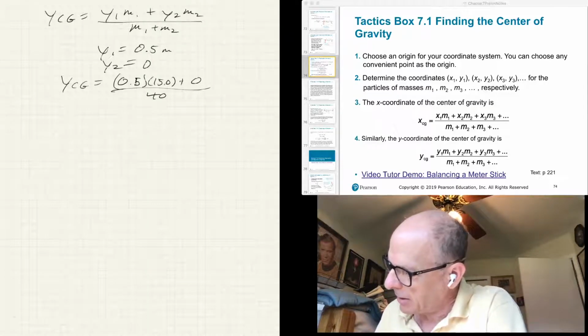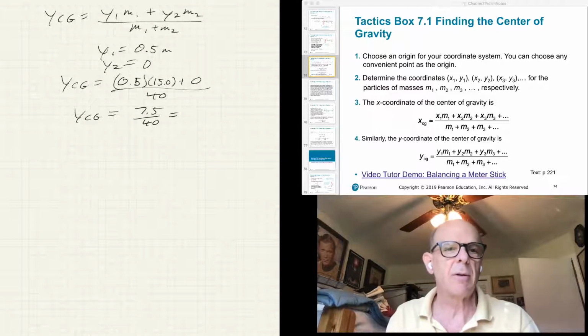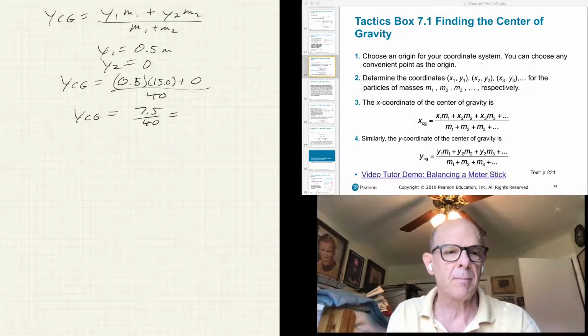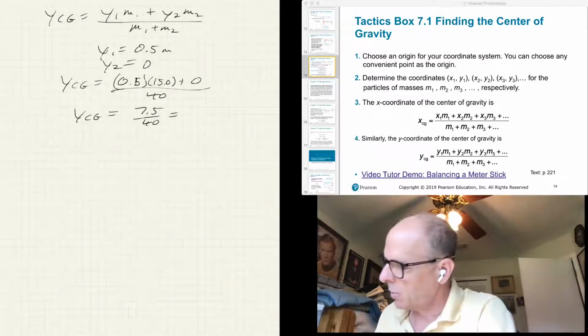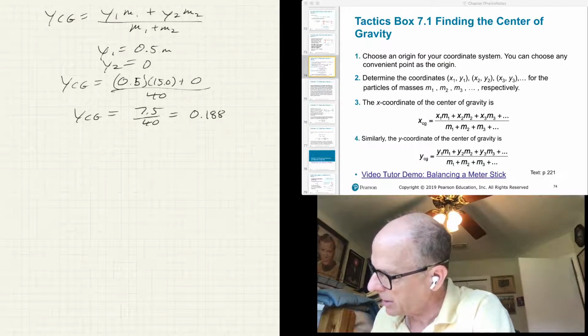So that gives me 7.5 over 40, which is, should be able to do that faster this time, 0.188 meters.